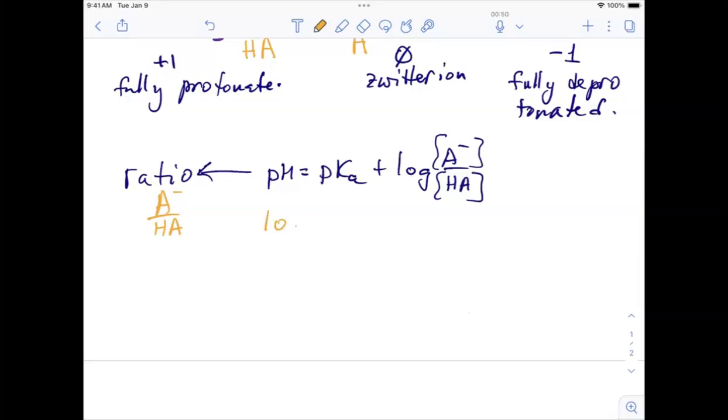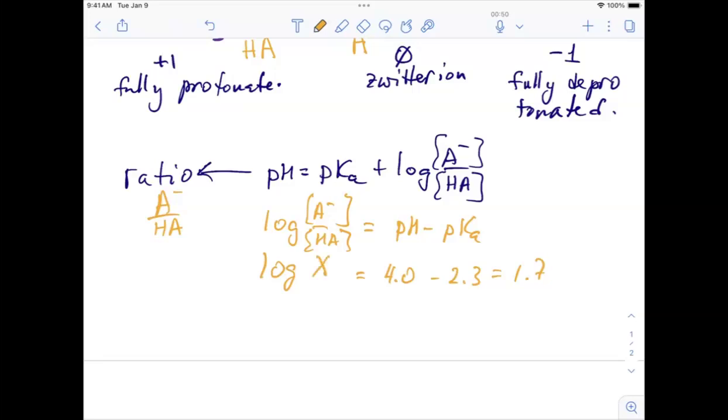So I'll write here: log of the ratio, A minus over HA, equals pH minus pKa. If we plug that in, pH equals 4.0 and pKa is 2.3, that's going to be 1.7. So now we have that the log of the ratio, I'll call it x for now, equals 1.7.